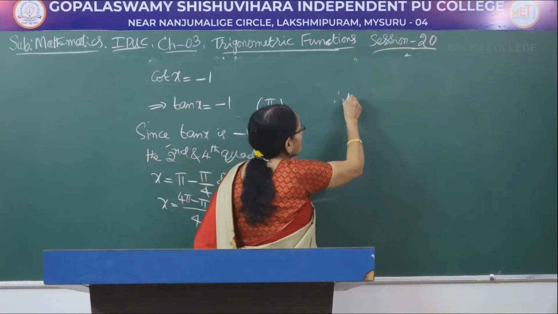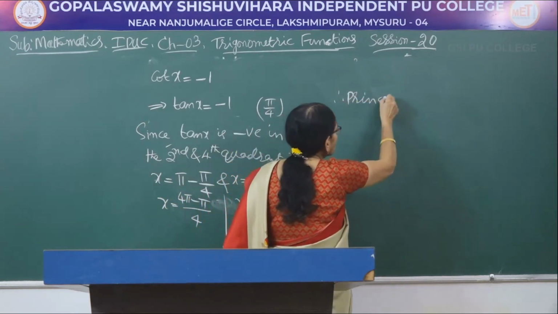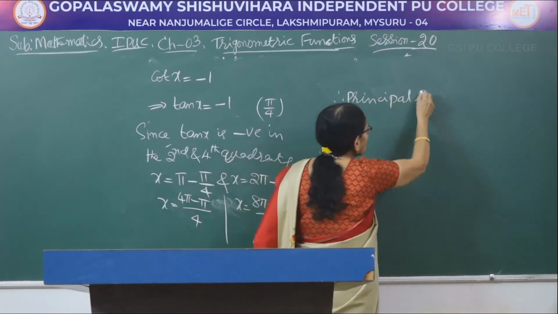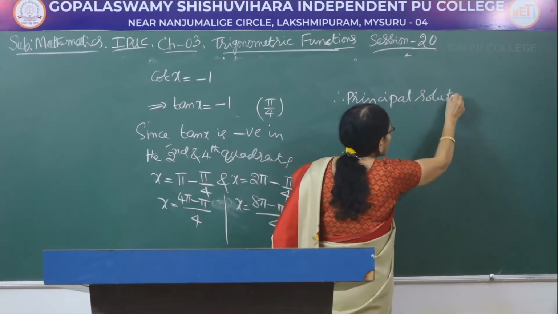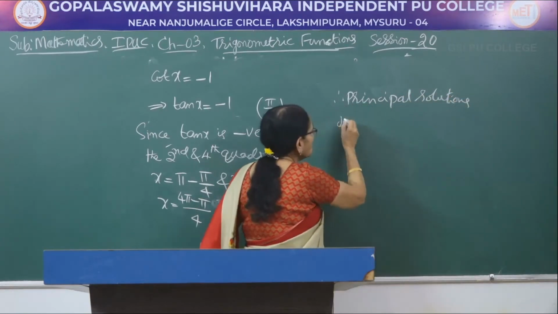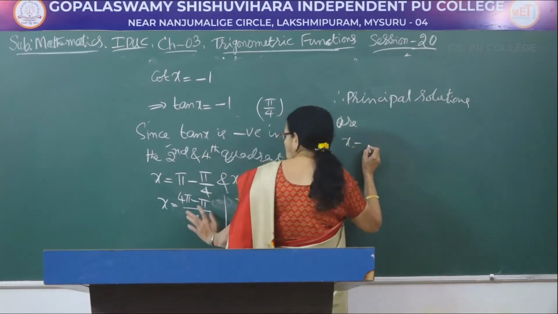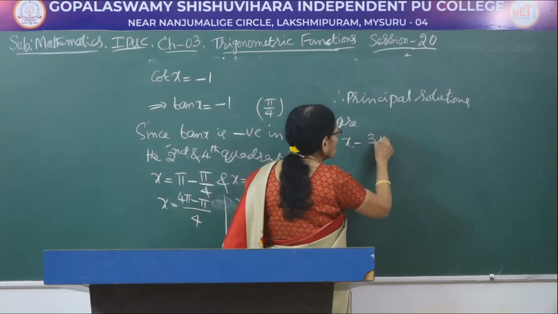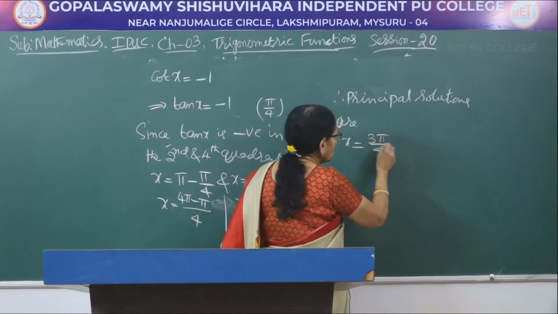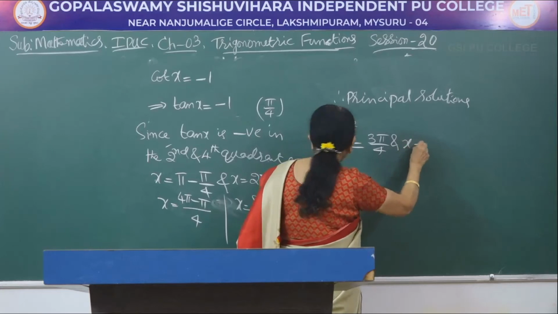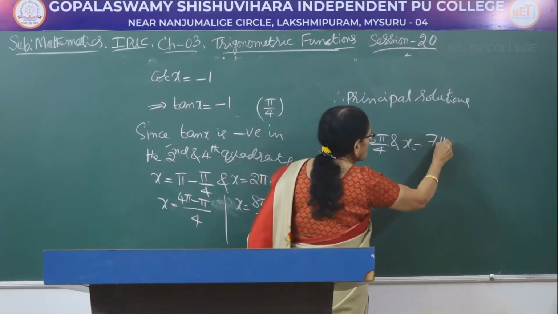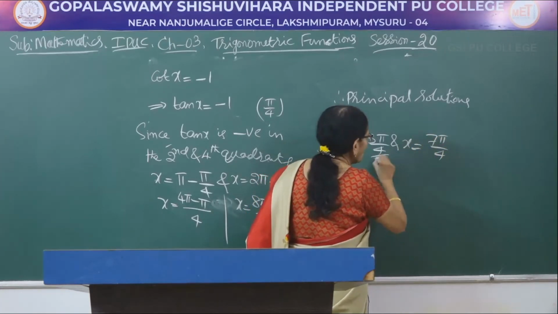Therefore, the principal solutions of this equation are x is equal to 4 minus 1, that is 3 pi by 4, and the other one 8 minus 1, that is 7 pi by 4.